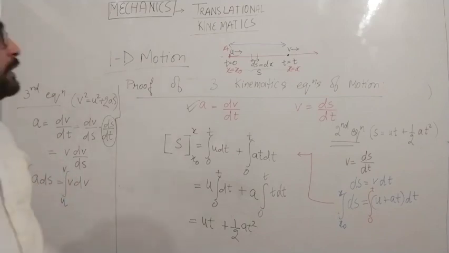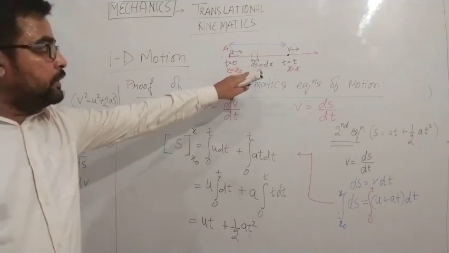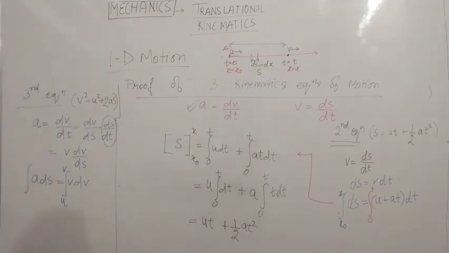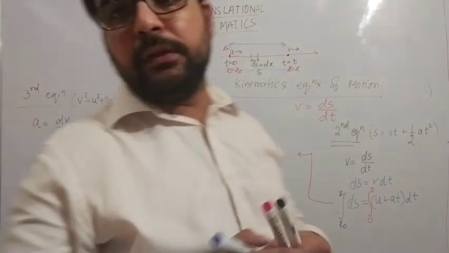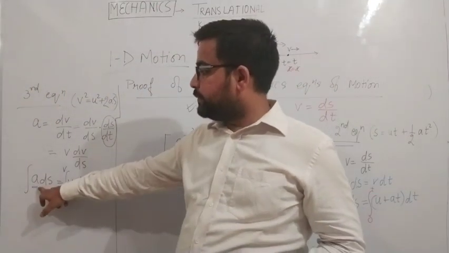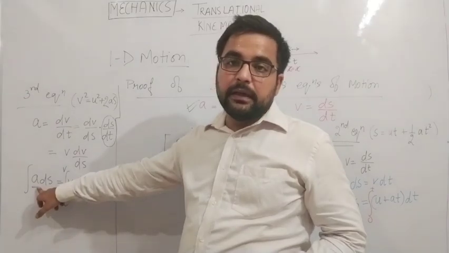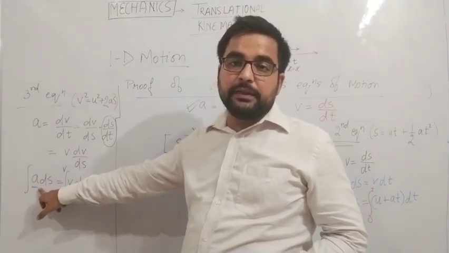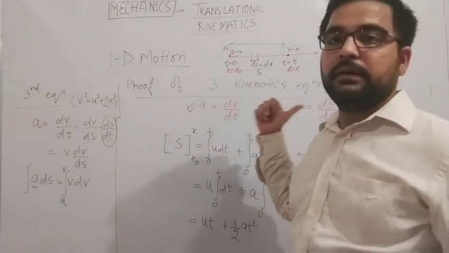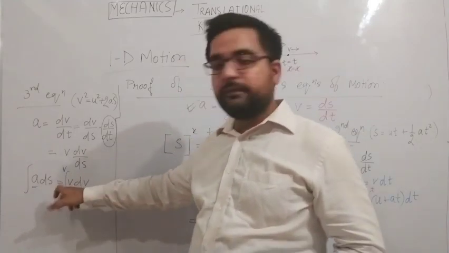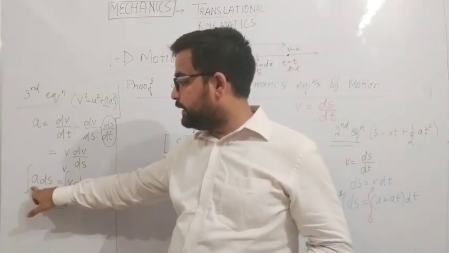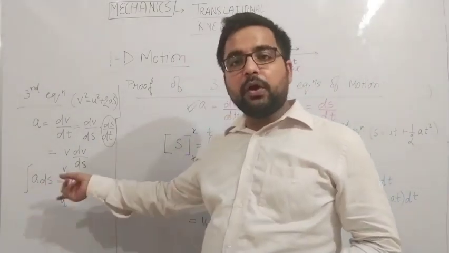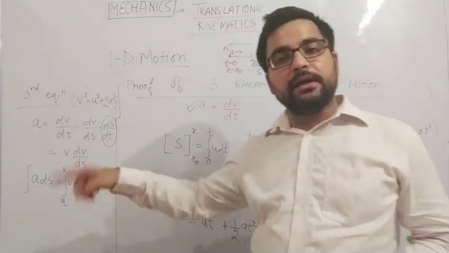And in a ds, the displacement is going to be from x naught to x. But what about a? Is a constant? Now this equation cannot be solved until and unless either a is given as a function of x, and then only you can integrate a ds, or a is constant so that you can take it out.